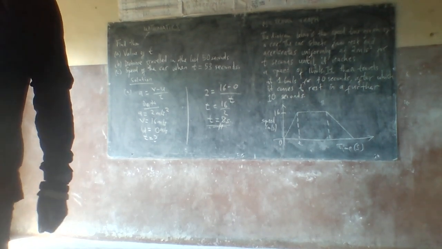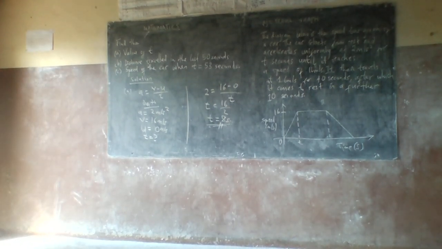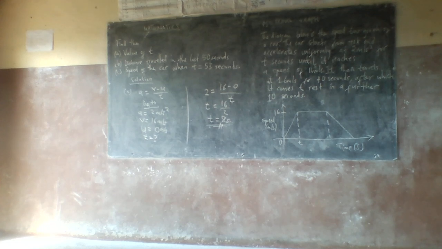So how do you calculate distance under the speed time graph? How is the distance calculated? Use the formula for distance, which is given by one over two, bracket A plus B close bracket, h.